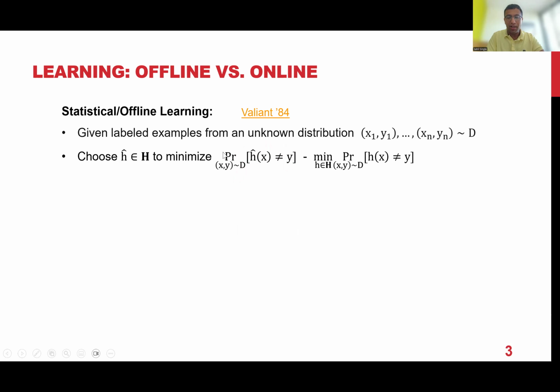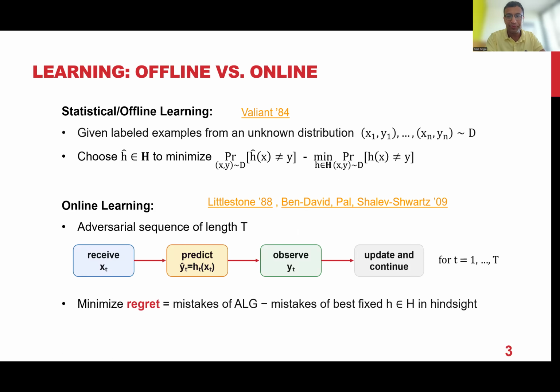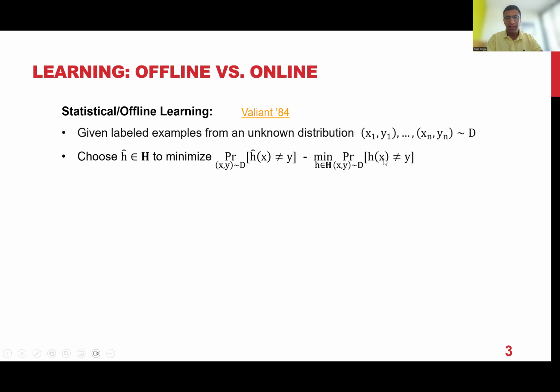And what you're comparing against is the hindsight benchmark: whatever the best possible hypothesis is, how well do I perform compared to it? This is the question we're interested in. Notice the second term is kind of a constant, but I usually want to think of the gap between the two. Good, so this is offline learning.